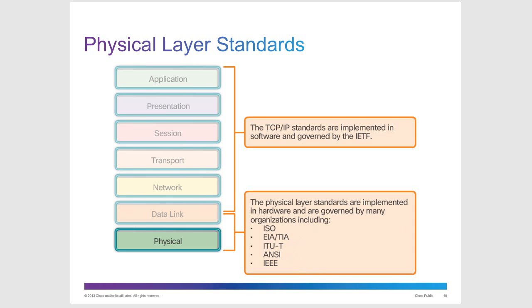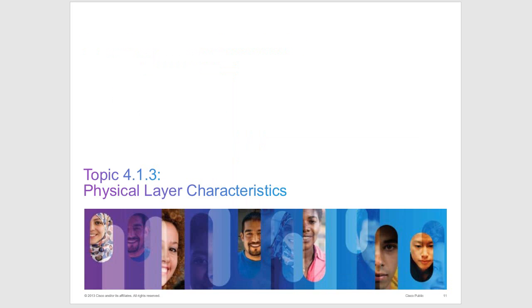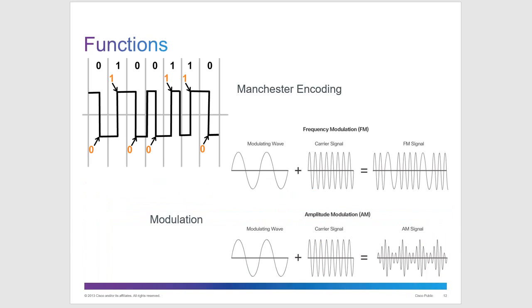The IEEE develops Ethernet and wireless LAN standards along with Bluetooth. The ISO made up the OSI model. So those are ones you can concentrate on, but all of those are governing what we use in the physical layer. Okay. And we'll move to physical layer characteristics.